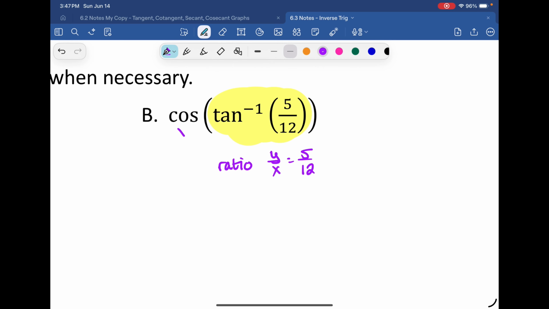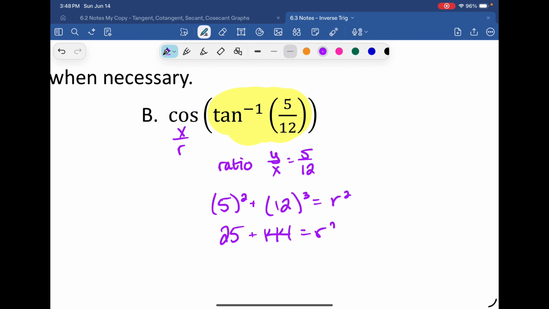Cosine is x over radius. I'm missing the radius. So x squared plus y squared equals radius squared. So that means radius is 13.